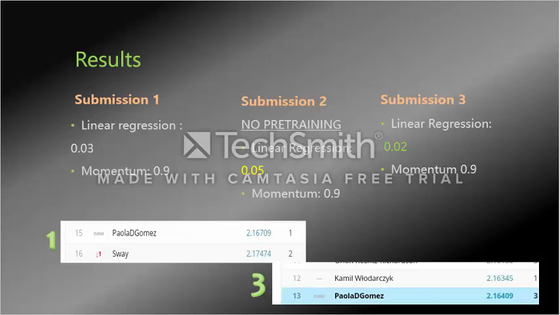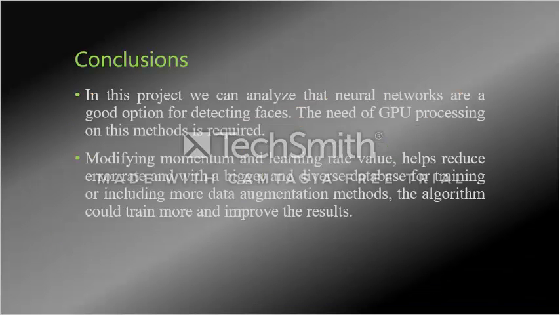What can we conclude? Well, if we don't have a GPU processing method, we cannot run this method for convolution networks because it's required. It is very important to modify momentum and learning rate so we can reduce our error rate and have a better result. The database is very important, so if we have more training with the augmentation method or by including more data sets, it will help us a lot.